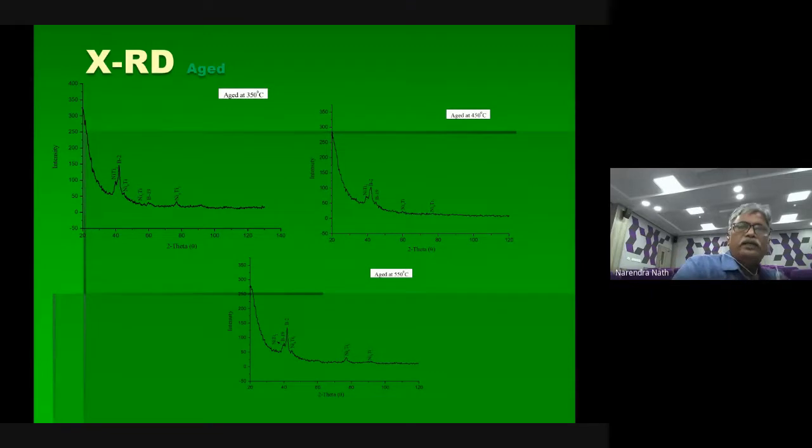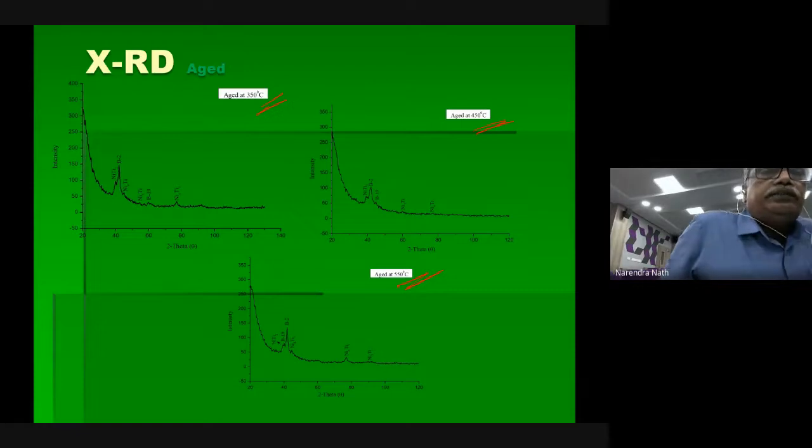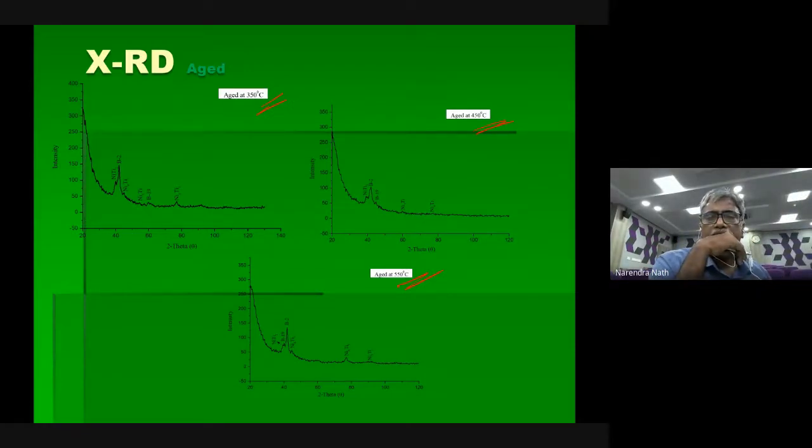And if you do the same thing after 800, then 350, 450 and 550, the low temperature retreatment, you see how B2 is there, B19 is there, and the remaining precipitates come into the picture.